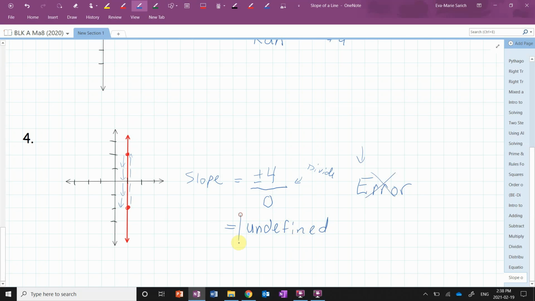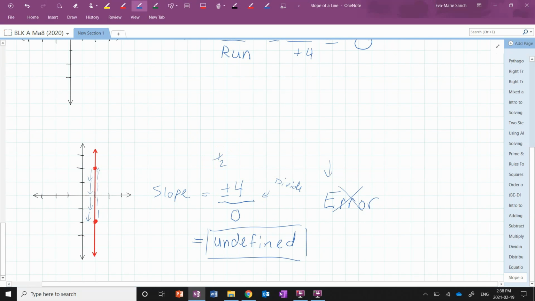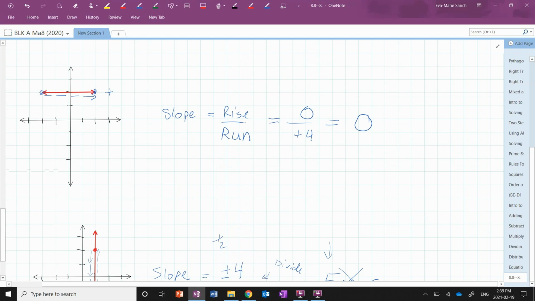If you leave it at 4/0, I will give you a half mark. If you then write undefined, I will give you a full mark. Okay? So straight up and down like that is an undefined slope. A horizontal line that doesn't go up or down, just directly from left to right, has a 0 slope.